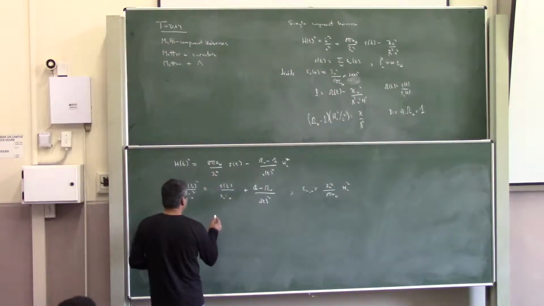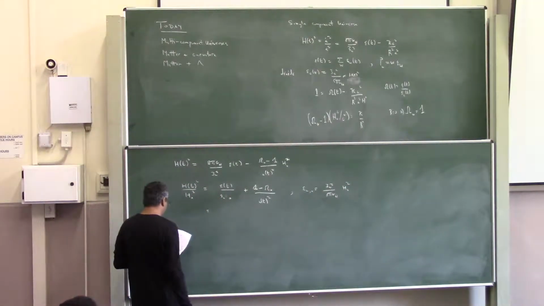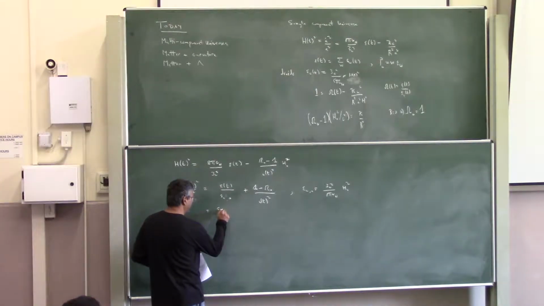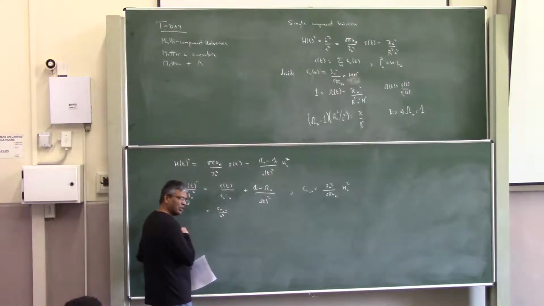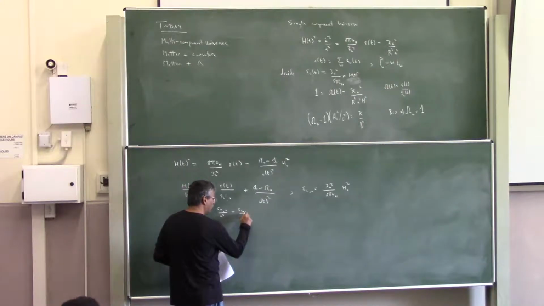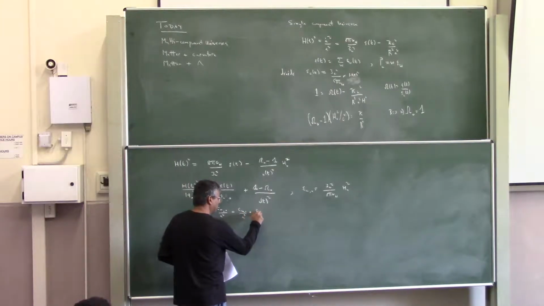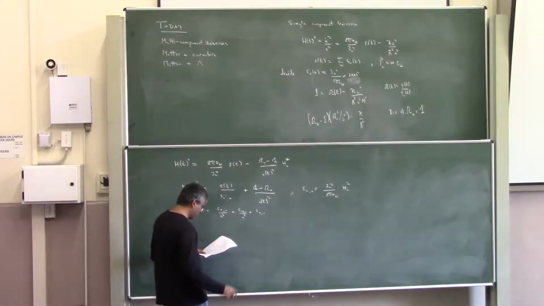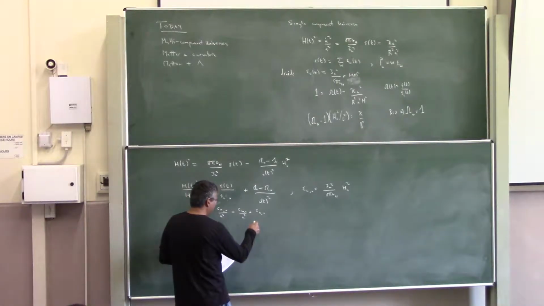Now, we know that epsilon(t) breaks up into various components. There is epsilon associated with radiation over a to the fourth, plus epsilon associated with matter over a cubed, plus the epsilon associated with the cosmological constant.